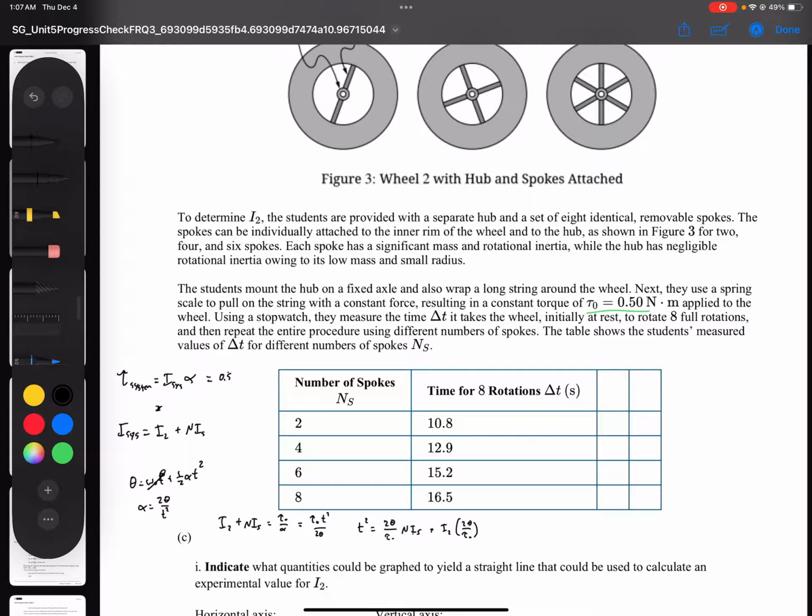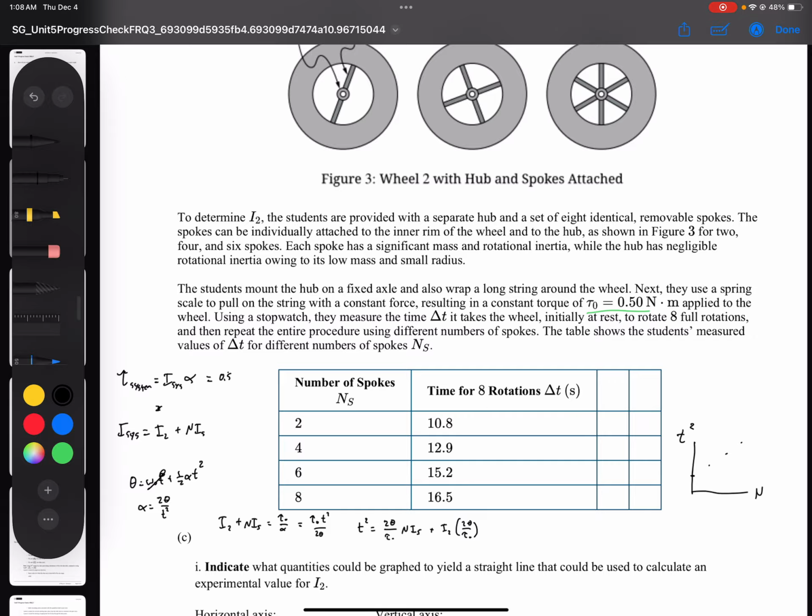And given that I don't know the moment of inertia of the spokes, what I want to eventually plot is t squared over n. And even though we don't know what the moment of inertia of the spokes are, I know that when there are no spokes, it still takes some time for the wheel to accelerate up to speed, right?